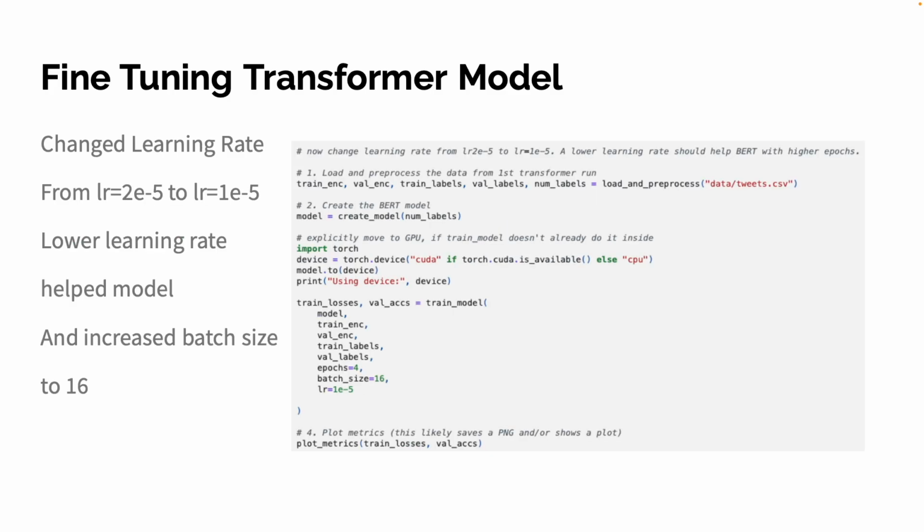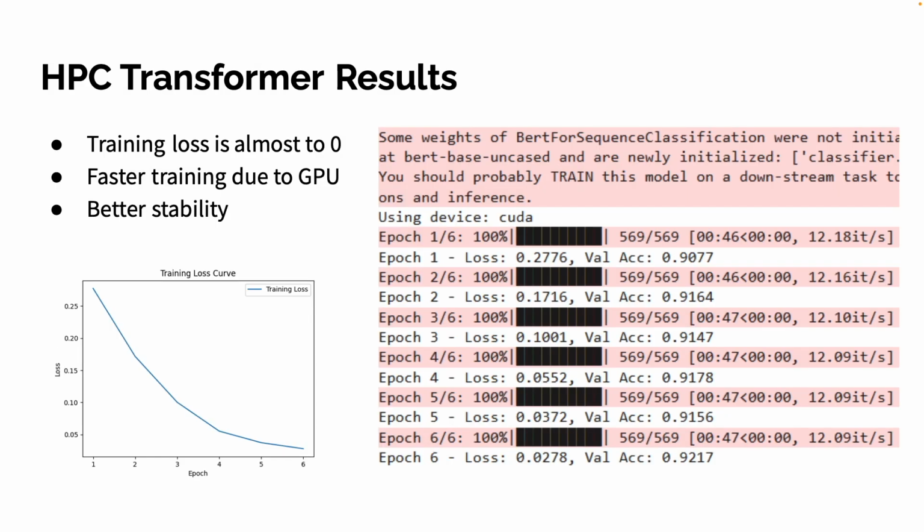I also lowered the learning rate from 2E-5 to 1E-5, which helped improve the model, and increased the batch size to 16.